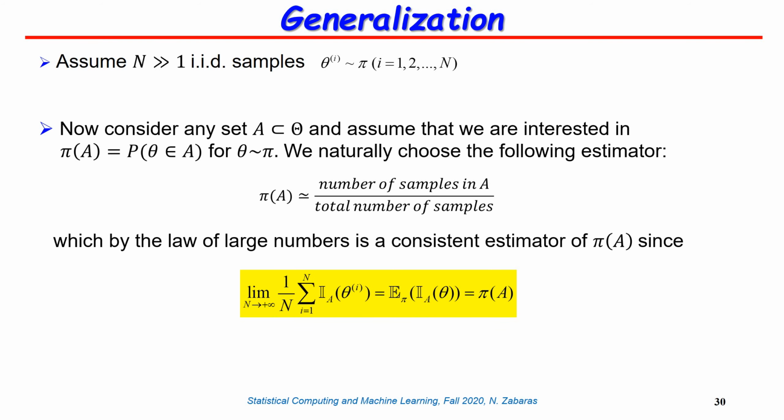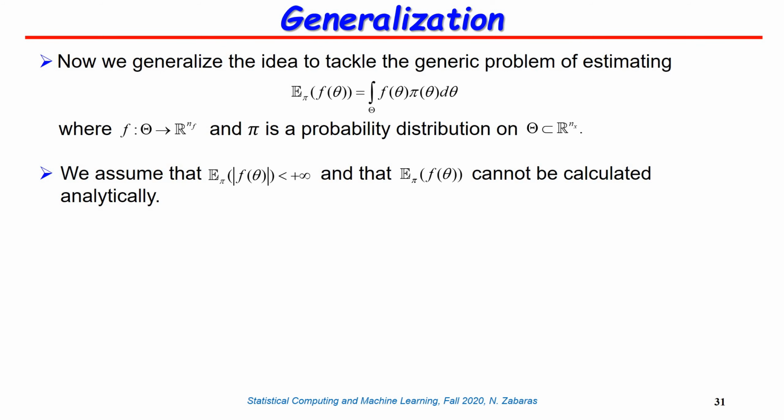Lots of the things that we discussed before can, of course, be generalized. For example, if you want to calculate an expectation like that, you may ask, can I do this expectation with Monte Carlo? The answer is yes.